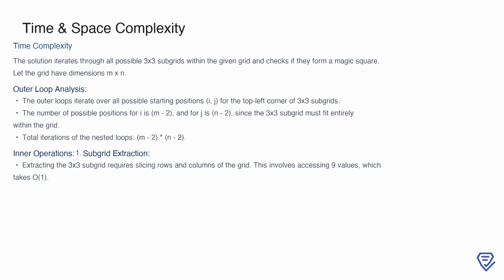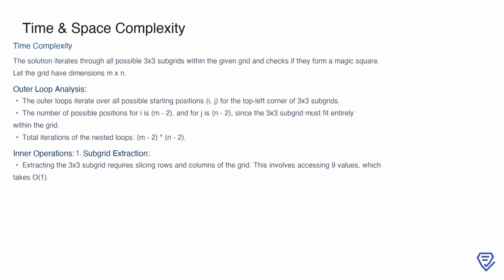To analyze the time complexity of our solution, we start by understanding the outer loop structure. The algorithm iterates through all possible 3x3 subgrids within the given m by n grid. The outer loops determine the starting positions for the top left corner of each subgrid. For the subgrid to fit entirely within the grid, the i-coordinate can range from 0 to m-3, giving m-2 possible values, and the j-coordinate can range from 0 to n-3, giving n-2 values.